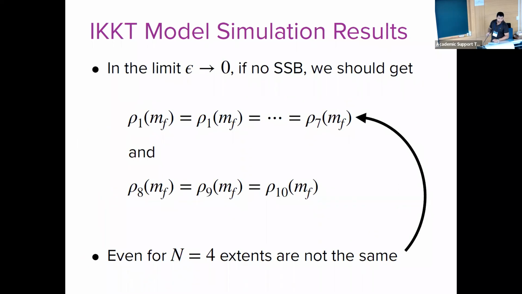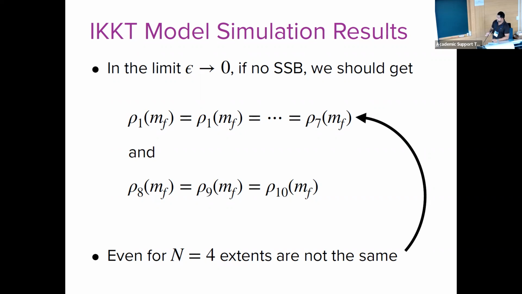Since we did this for one fixed n equal to 4, ideally we should go to large n. We are not doing the large-n extrapolation here, but we can take the epsilon going to 0 and mf going to 0 limit for a given n. When epsilon goes to 0, if there is no SSB, we should get SO(7) cross SO(3), which means the first 7 are the same and the next 3 are the same.